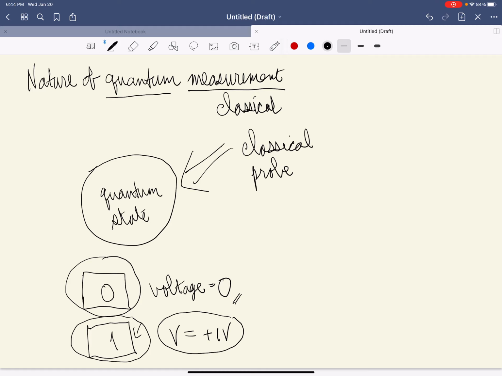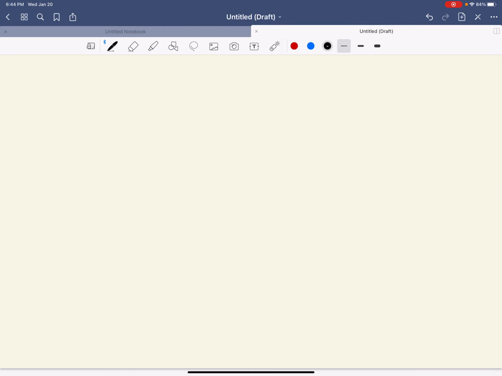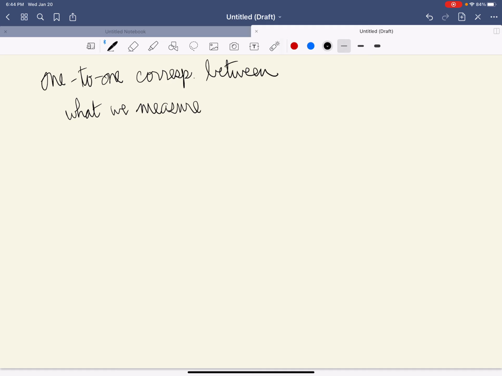Okay, so the reason why I keep saying this dumb thing over and over again is that this kind of one-to-one correspondence between what we measure and what the state really was basically fails.